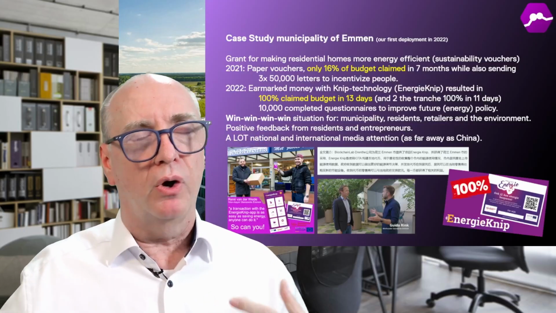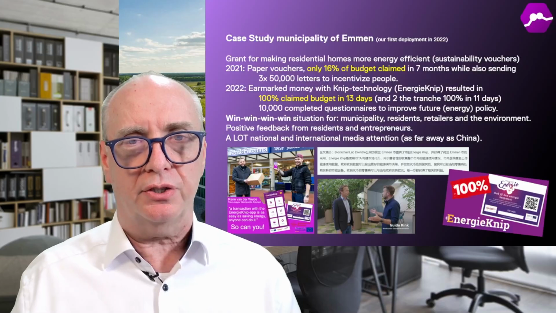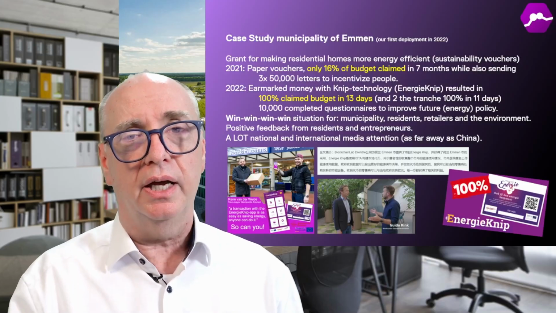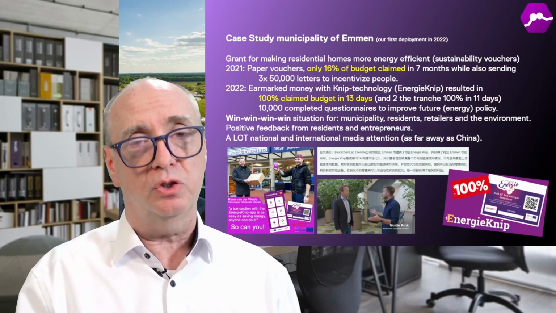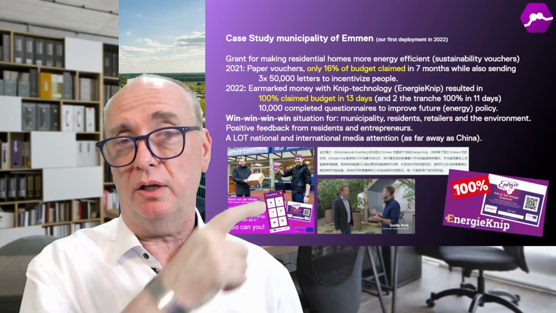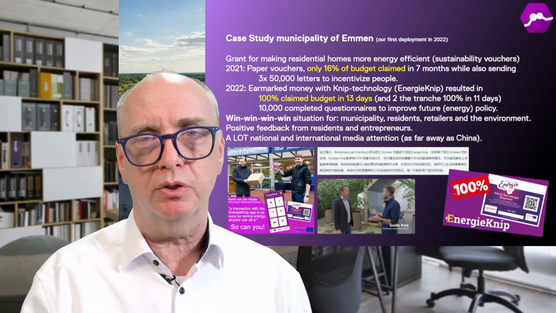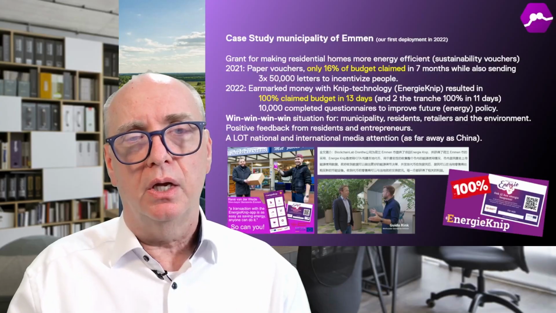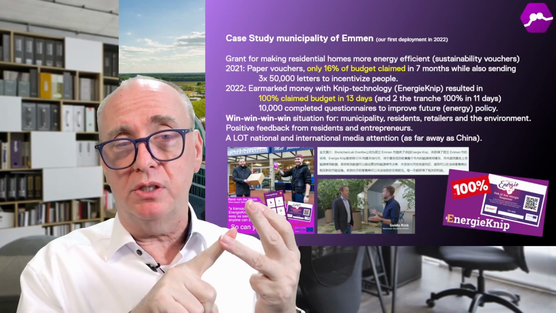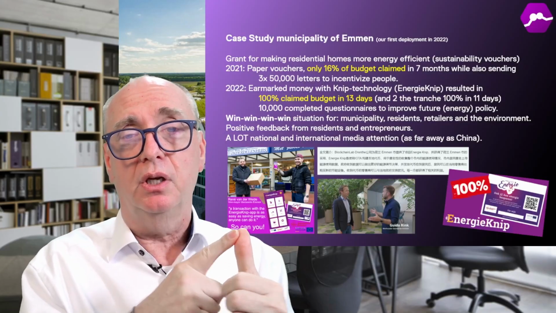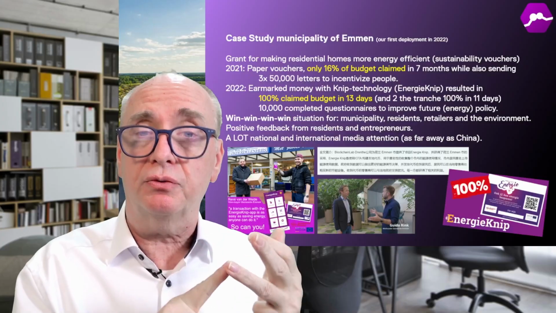So it was a lot better, a lot faster, at lower cost, and 100% of the money was used. While the year before, 84% of the money had to be sent back to the government because it wasn't claimed. So it was a win-win-win-win situation for the municipality, for the residents, for the retailers, and for the environment.